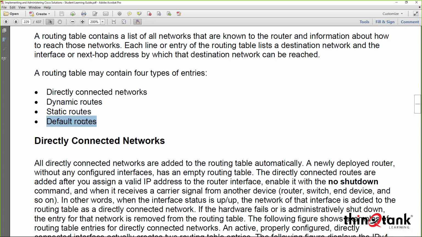We'll talk about the difference between static and default later on. But a default route is technically a static route. It's just a different type of static route. So these are really kind of the same. But these are routes that you define as an administrator.